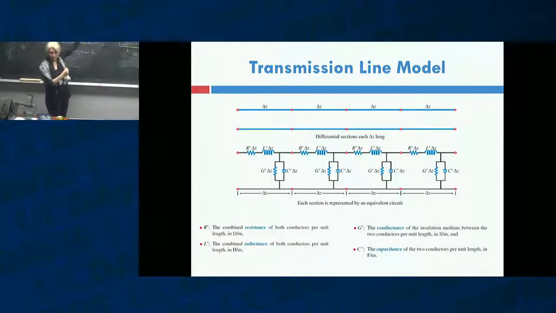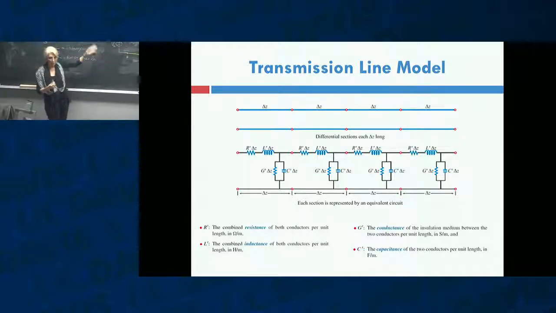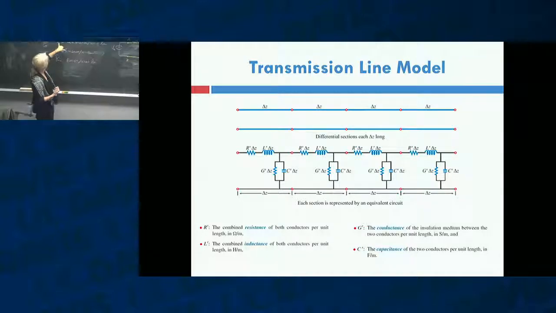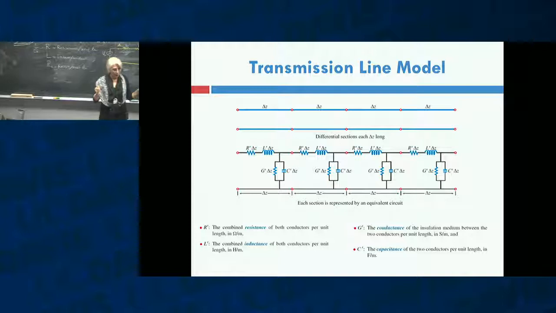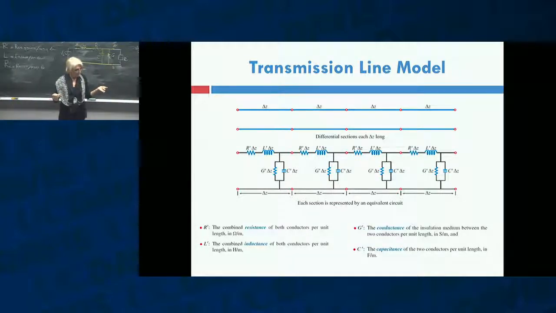Delta Z is there because each one of these components has a length of delta Z. All right, I called it unit length. In this one, you can show it like that. So if this is given to you as resistance per unit length, you will have to multiply it with the length of the true line to be able to find its correct value, obviously, all right?